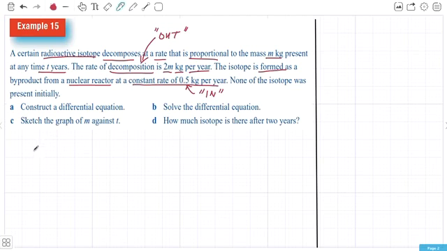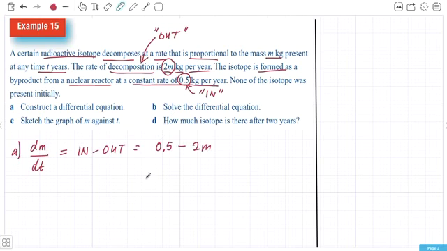So we know that dm/dt, the rate of change of the mass of the isotope at time t, is related to the amount of isotope present. I'm not even going to use the proportionality here, I'm just going to use the information we have, the in minus the out, which in this case is 0.5 kilos of isotope produced minus the 2m kilograms which are decomposed every year.